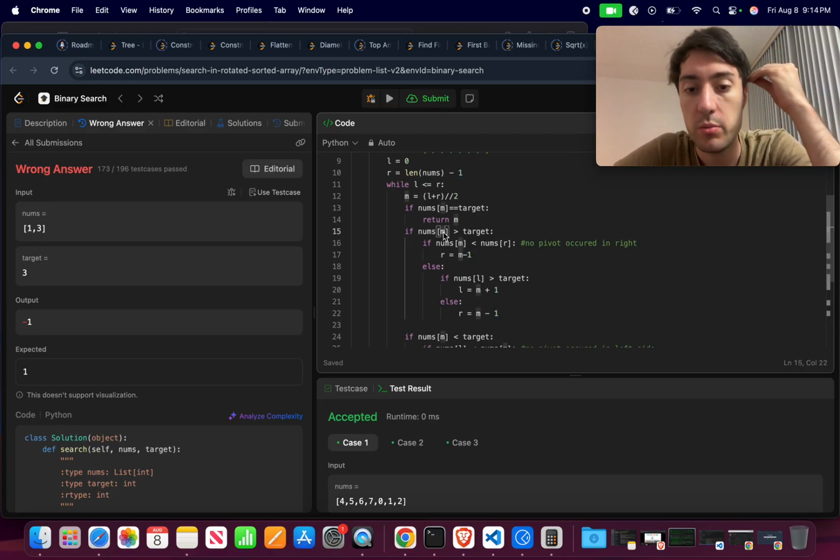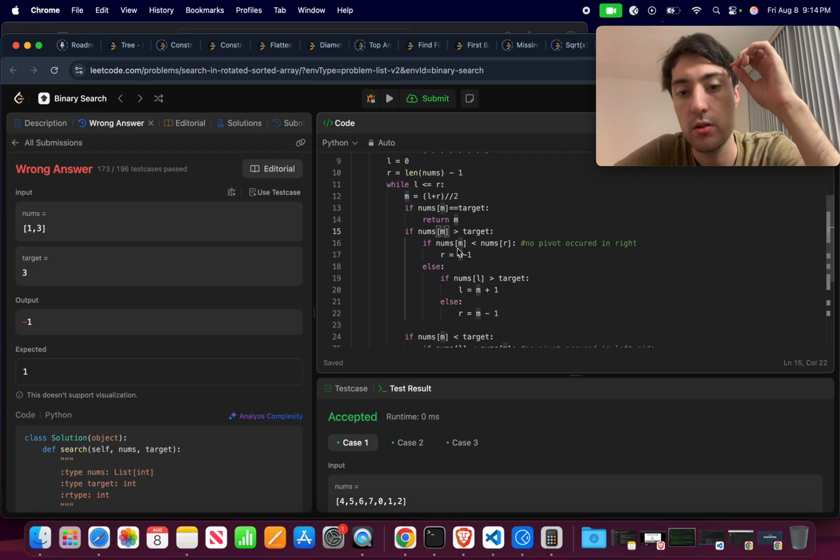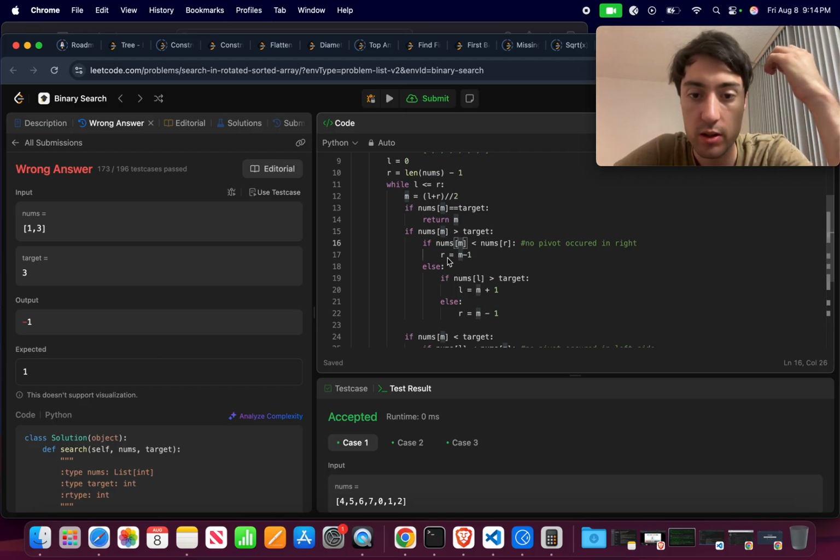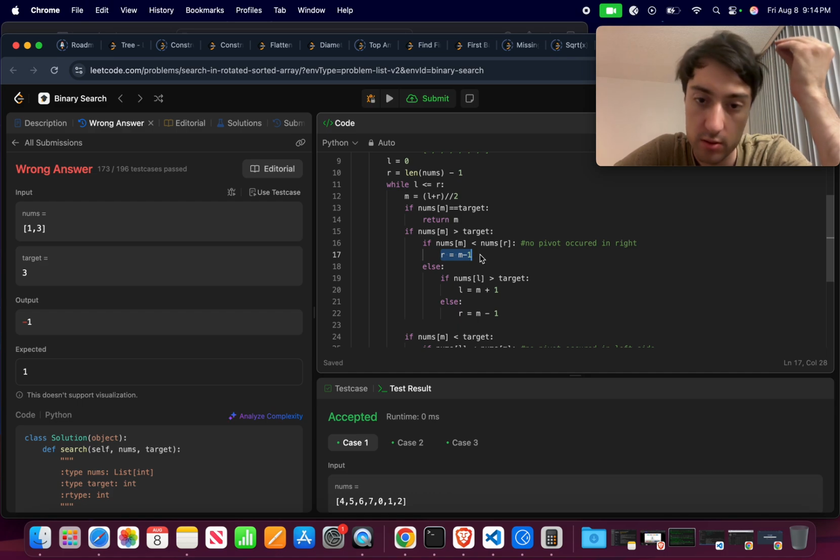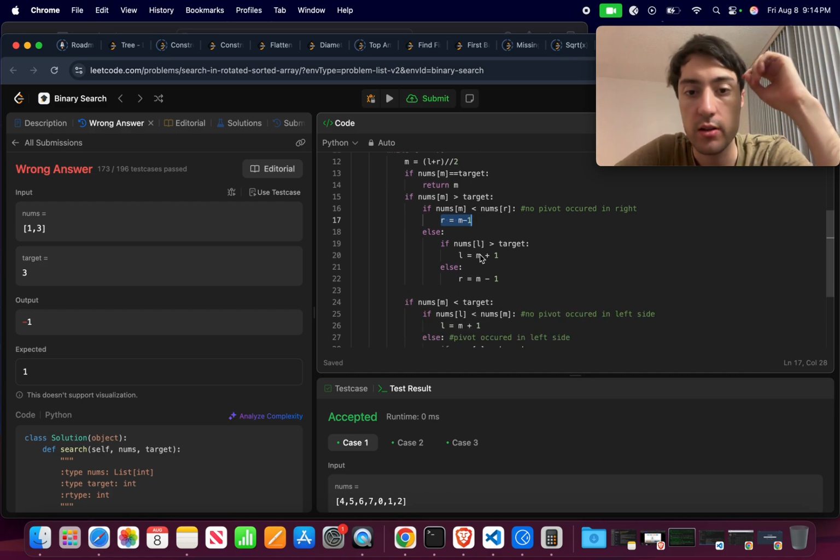So my midpoint is too big, and there's no pivot in the right, so I can get rid of the right. That sounds correct.